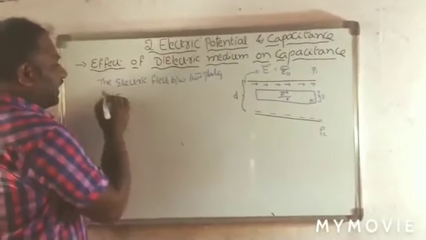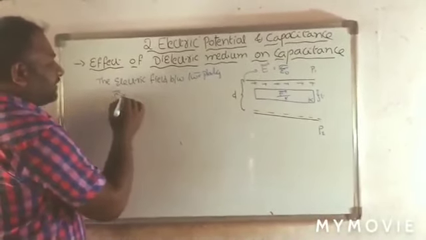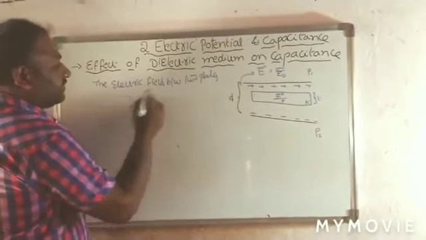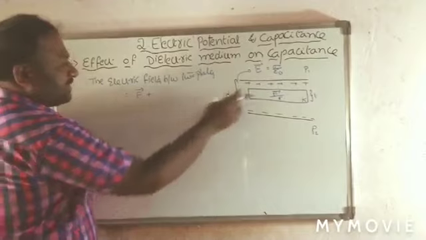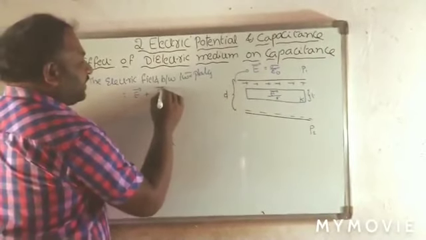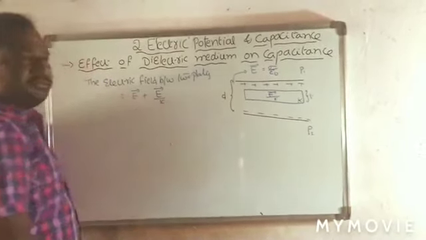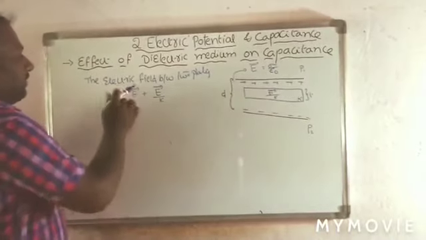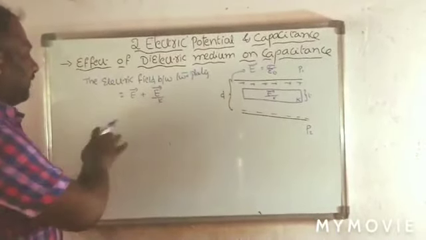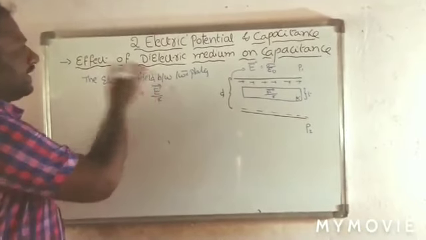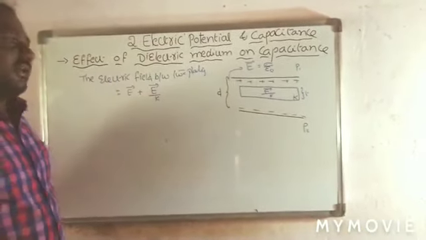That electric field can be taken as E bar, plus here the electric field is E bar by K. Now by using this we are going to find the capacitance of the capacitor when dielectric is introduced.